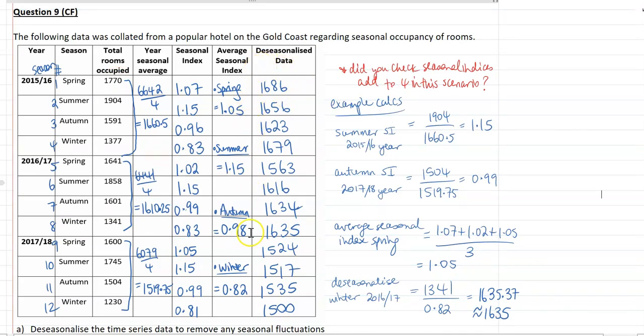You need to make sure that you round these deseasonalized values to the nearest whole room occupied, because you can't have part rooms being occupied. So that should be your finalized table values for part A.